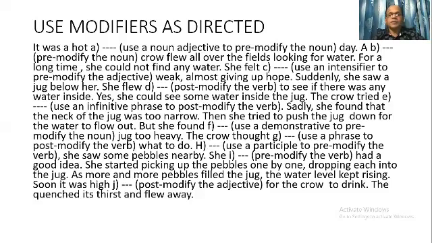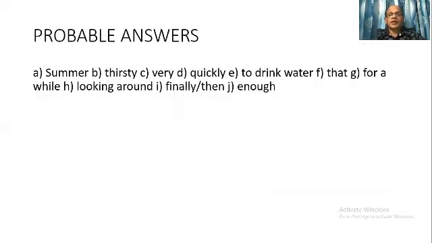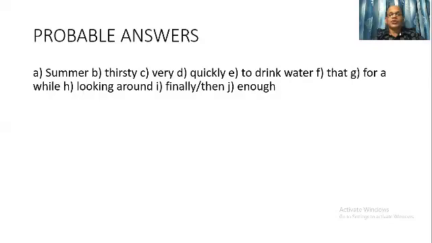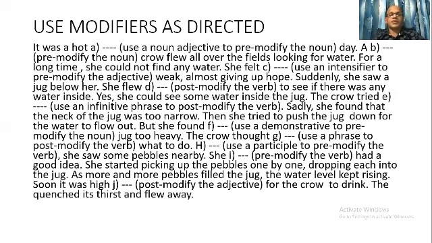The answer is: tried to drink water. To drink is an infinitive, you see, and water is there. Total 3 words is a phrase. So this is how you can fill the gaps using modifiers.